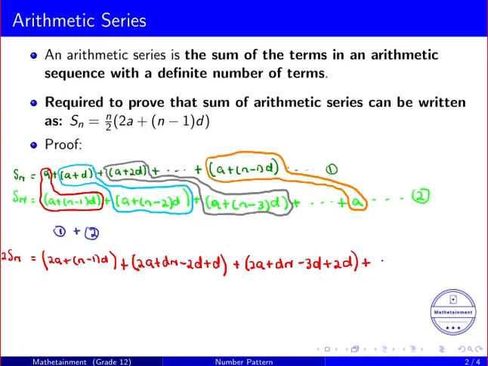So a plus a, you have 2a plus (n minus 1) times d.